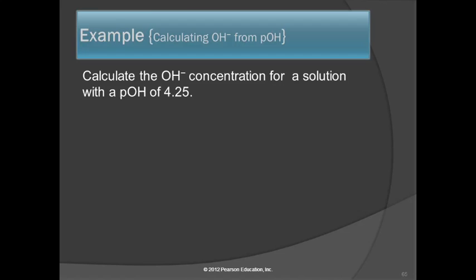Okay, using pOH, calculate the hydroxide ion concentration for a solution with a pOH of 4.25. This is just like doing the pH calculation. So hydroxide ion concentration is going to equal 10 to the negative pOH, just like the hydronium ion concentration equaled 10 to the minus pH.